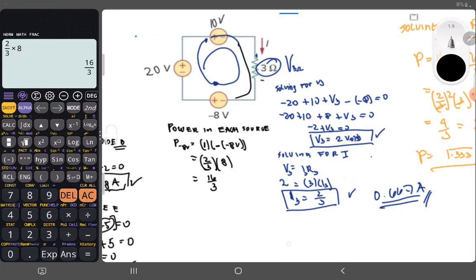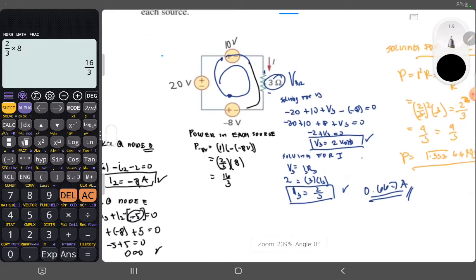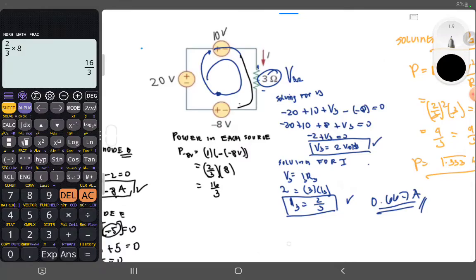Next, dito sa ating 20 volts. So take note na yung I mo pumasok sa negative side ng 20 volts. So P 20 volts is equal to negative 20 multiplied by 2/3.